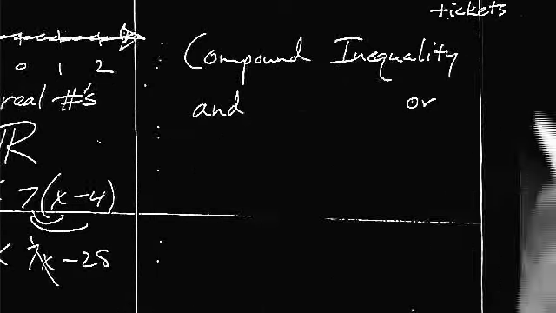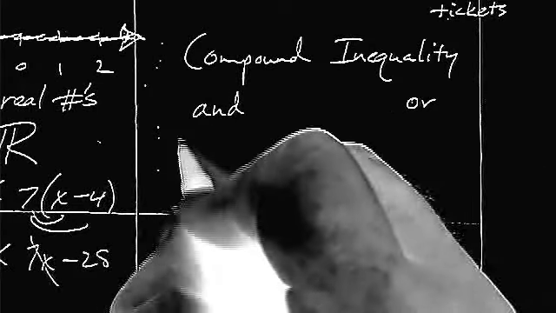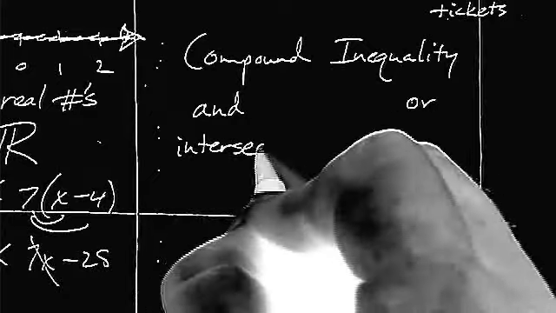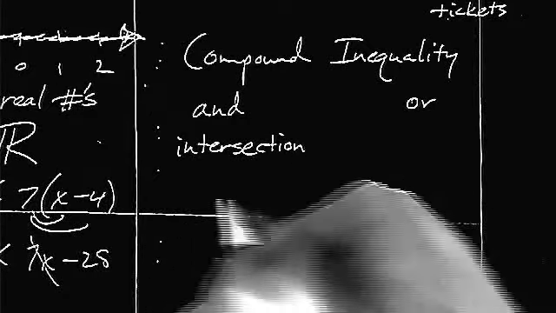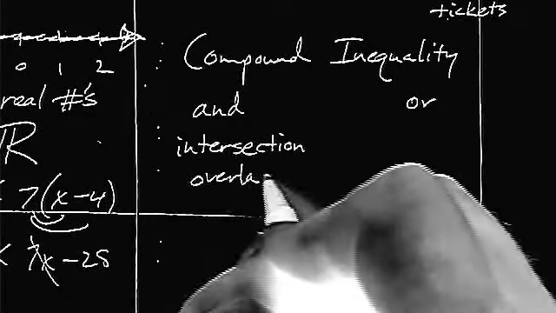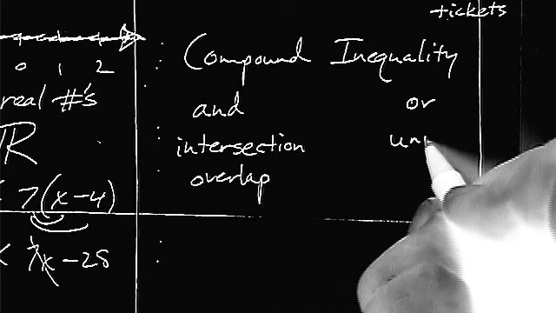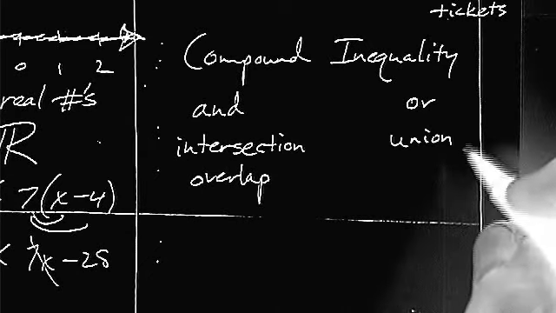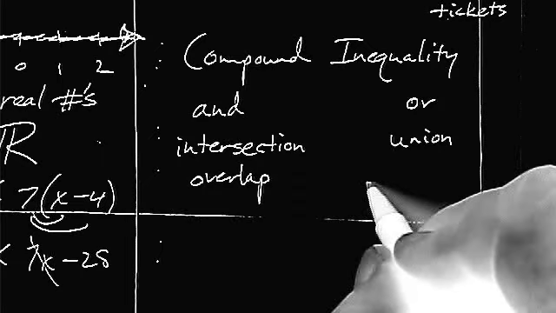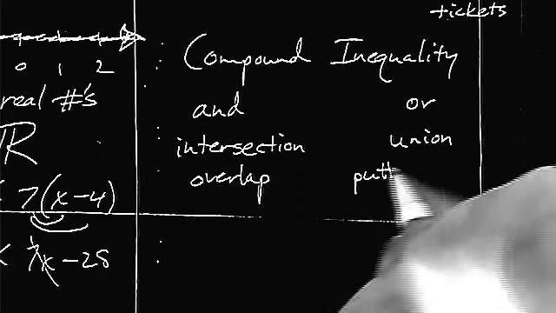Now, one of these, the and, is talking about the intersection, or the overlap. The other one, sometimes we use the word union. It basically means putting all the pieces together.